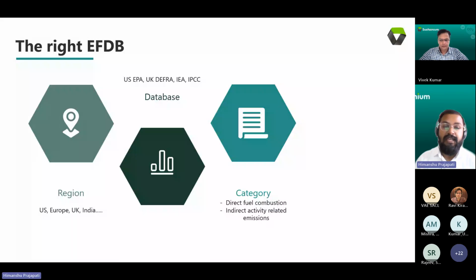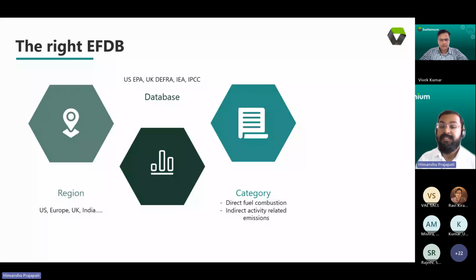Thereafter, of course, after choosing the right emission factor database, the next step is choosing the right category. For example, in case of direct fuel combustion, you have an emission factor which you can directly multiply with the fuel usage. We'll see how that happens. Or it can be activity related emissions also.